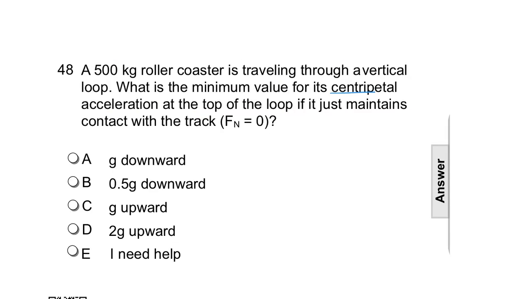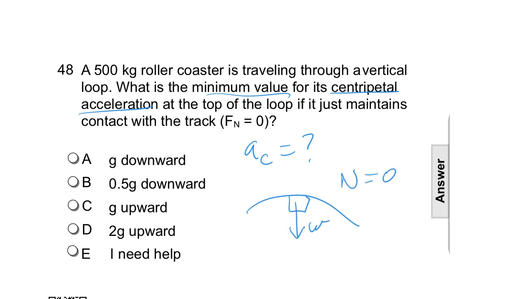Okay, so this is different. They're asking for a centrifugal acceleration at the top when minimum value. Okay, so that would be when there's just the weight pointing down, because the normal force would be 0. Weight equals mg.